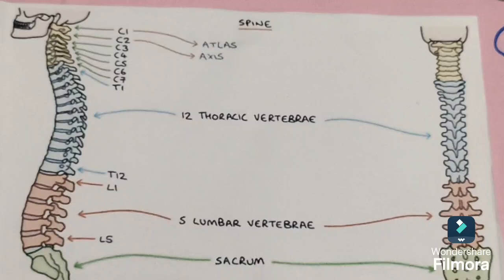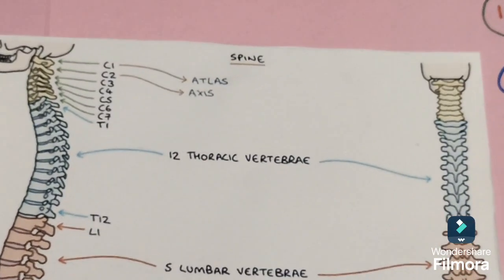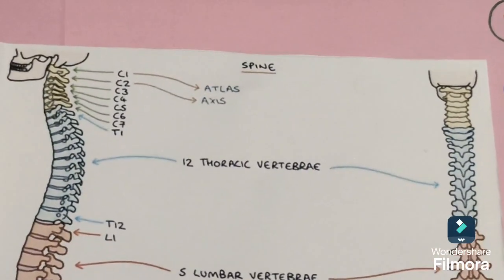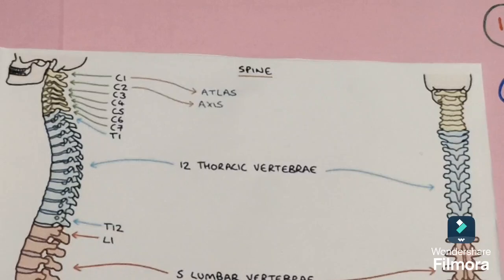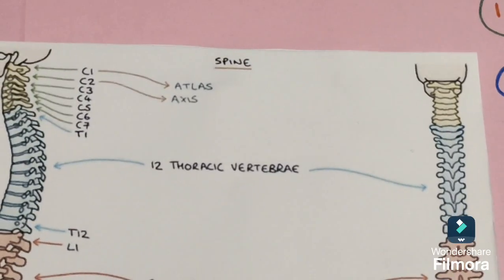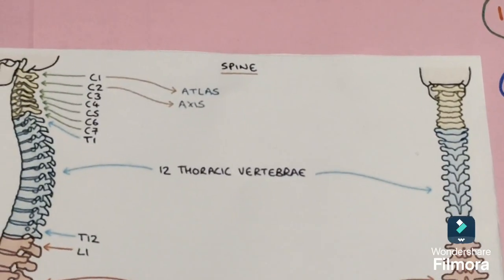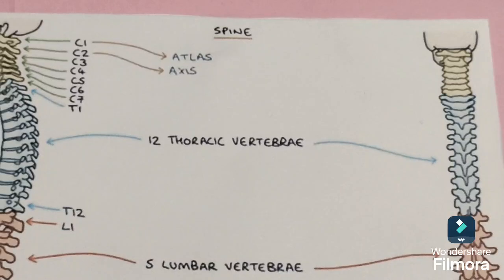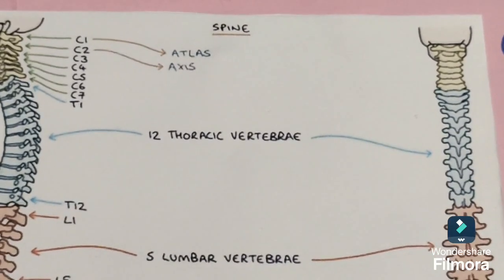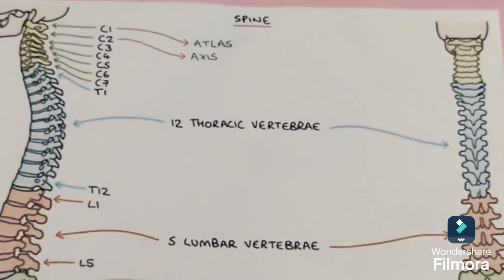C1 and C2 have special names. C1 is called Atlas, and C2 is called Axis.